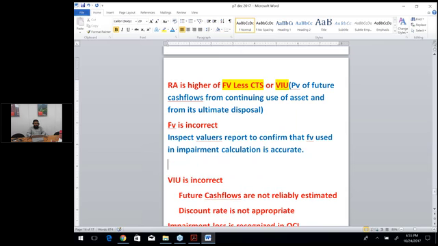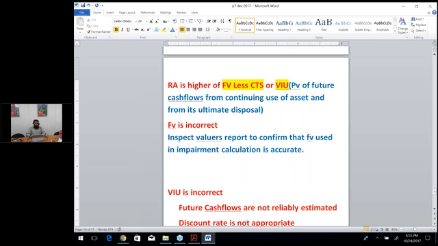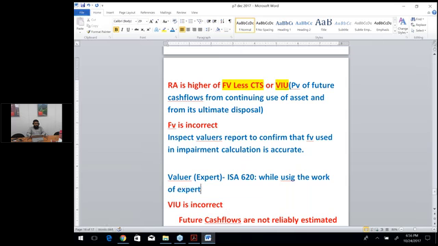Now, there could be another procedure that could arise from this. When you use a valuer, the valuer is an expert. There is this ISA, ISA 620, which requires that while using the work of an expert, you need to perform several tests on the expert, which is the CCI test.